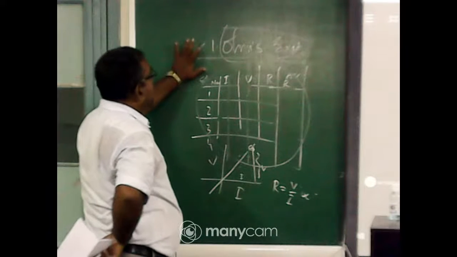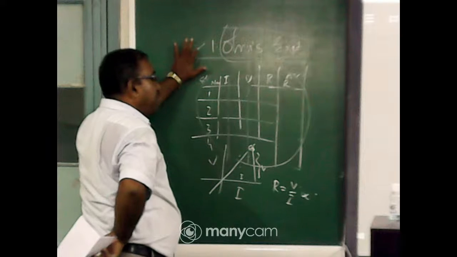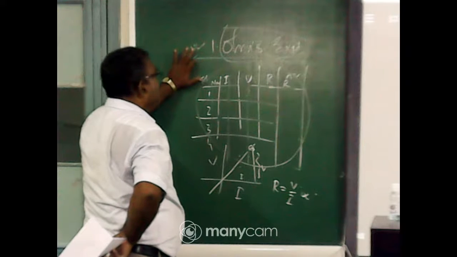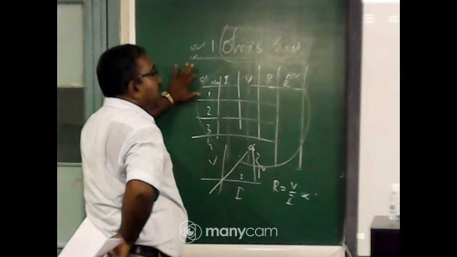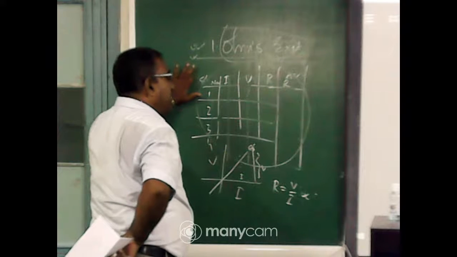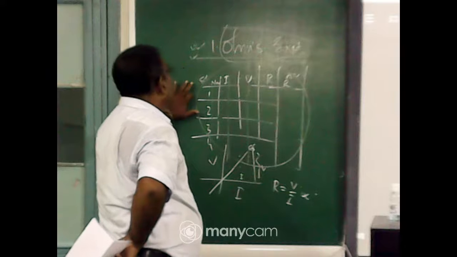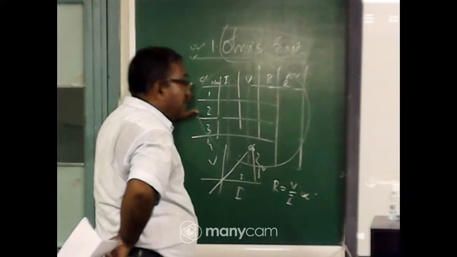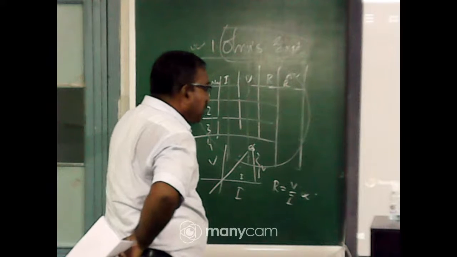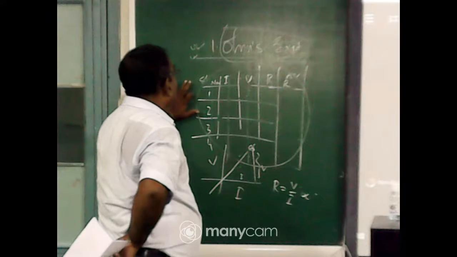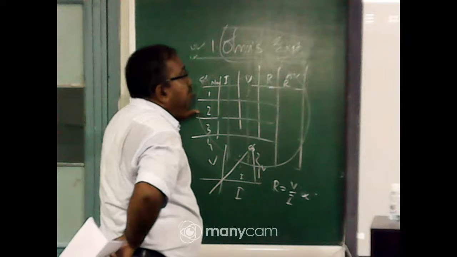The first is the aim of the experiment, second is the theory of the experiment, third is the apparatus required, fourth is the procedure as you wish you note it, fifth is the observation table. Observation table, table number 1.